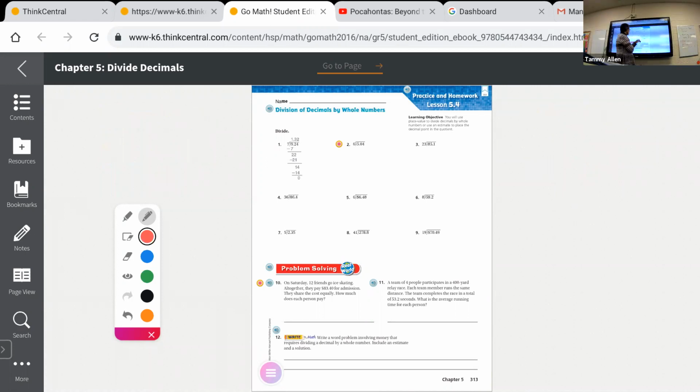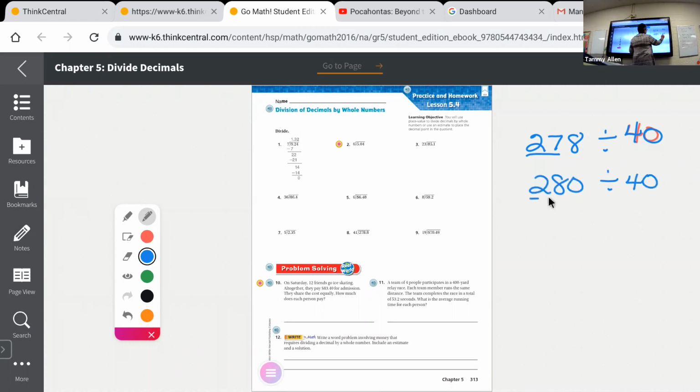Number 8. I would have used 40, and we're looking for something that's close to 278. So what multiple of 4 is close to 27? Jonathan? 28. So 280 divided by 40.